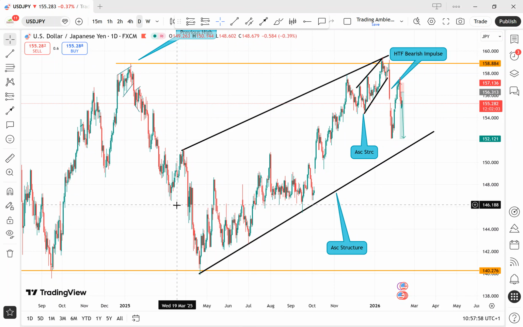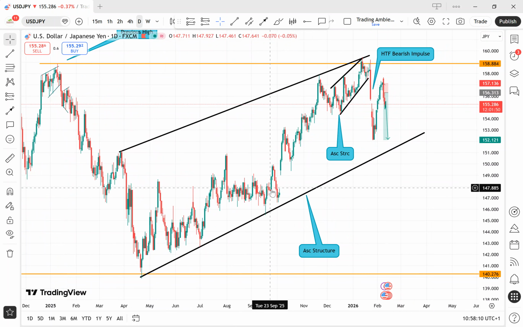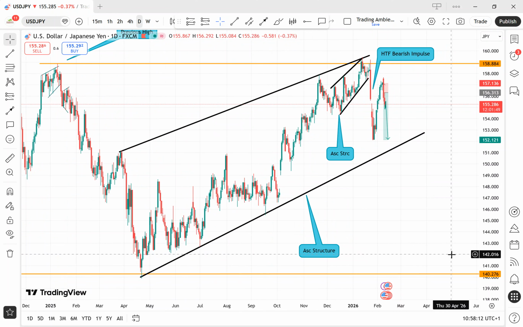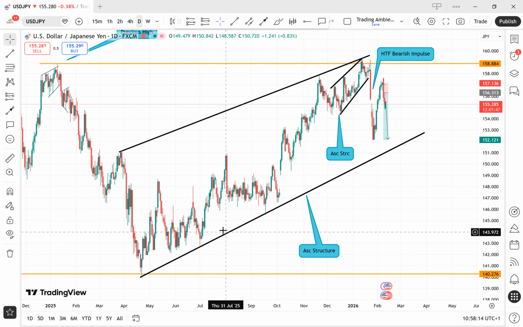So on USD JPY, in the recent week, I made a post about this high and we discussed a bit about it. So we have this high that remains there, the previous high, and approaching that previous high we have an ascending structure.